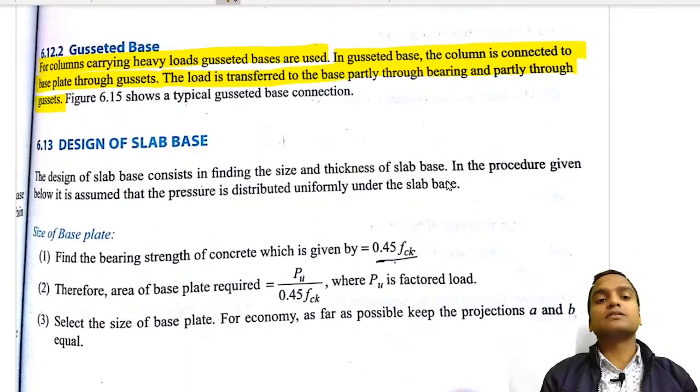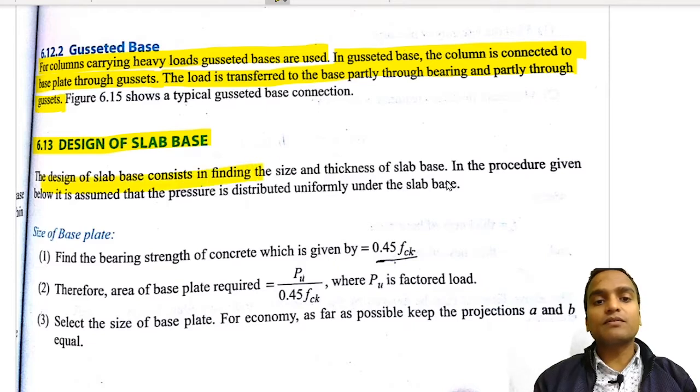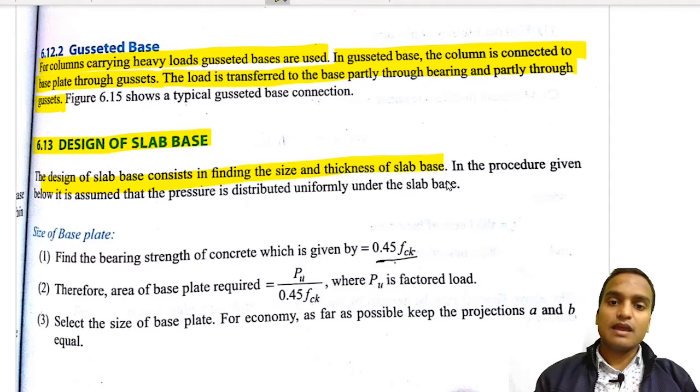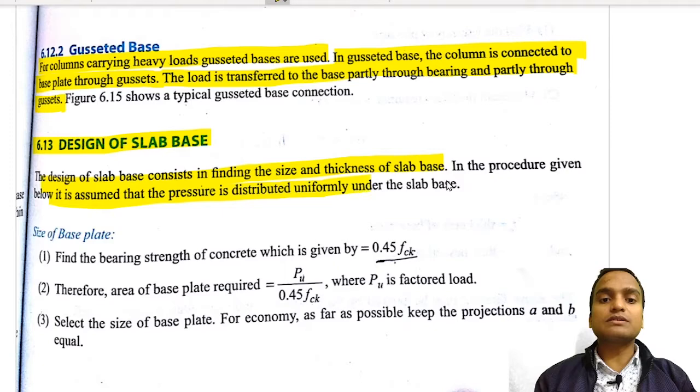So let us try to see the design of slab base. What are the design steps behind the design of slab base? So slab base design consists of finding the size and thickness of slab base, and in the procedure given below, it is assumed that the pressure is distributed uniformly under the slab base.